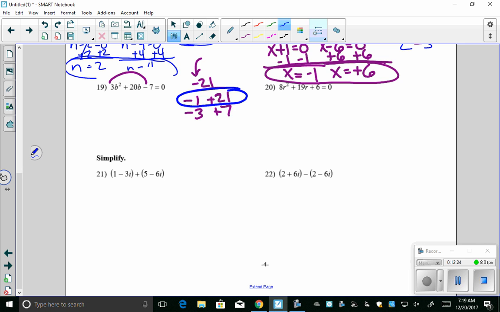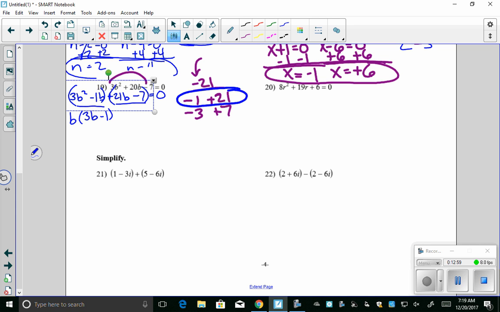So here you have to bust the B. So you're going to do 3b squared minus 1b plus 21b minus 7 equals 0. Group. Greatest common factor for this set is going to be a b. So you're going to have b(3b minus 1).